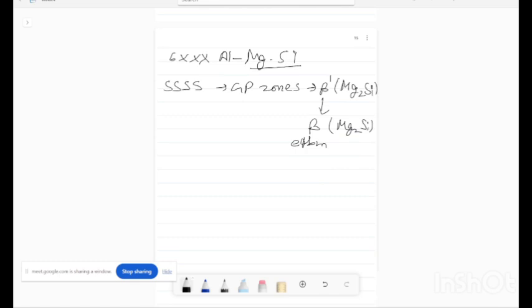So the GP zones in 6000 series alloy are first spherical in the beginning, then elongate with aging in <100> direction. Means first they are spherical, then elongate along <100> direction.